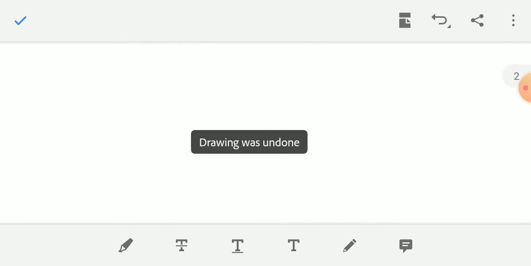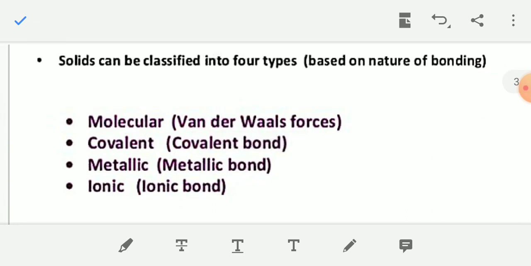Now see types of crystalline solid. In this chapter, we will study only crystalline solids.